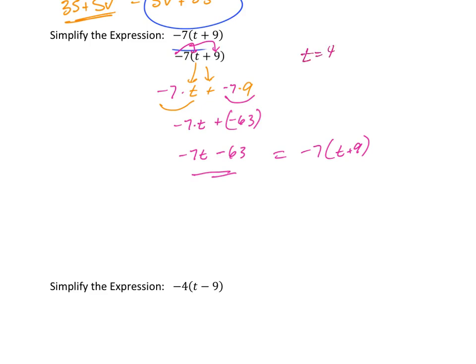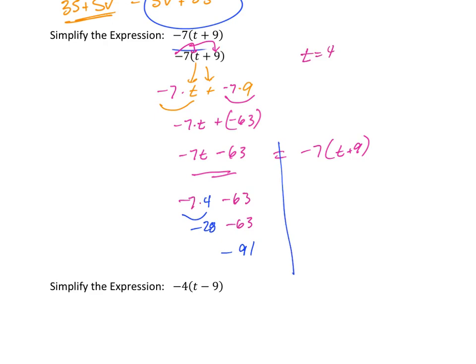So if t equals 4, I'm going to have -7 times 4 minus 63. And that means I'm going to have -7 times 4 is -28 minus 63. And -28 minus 63 is going to be -91.